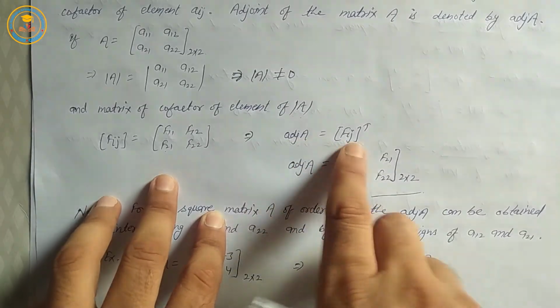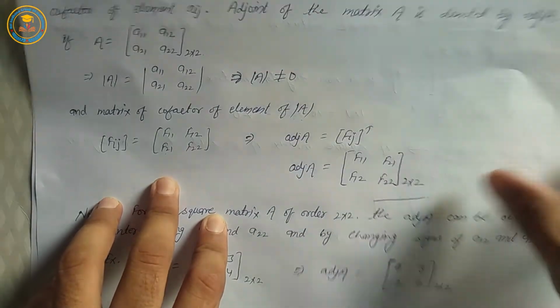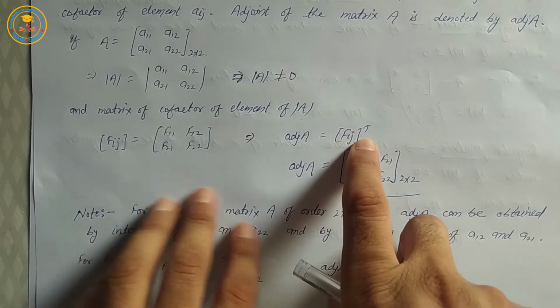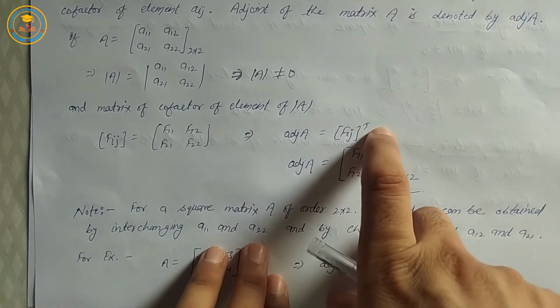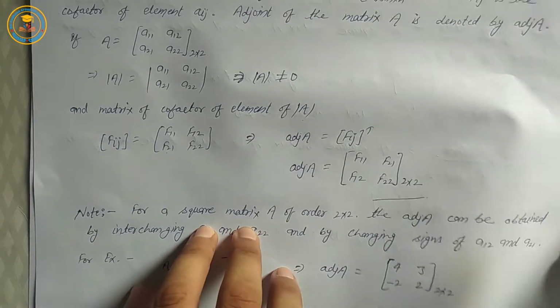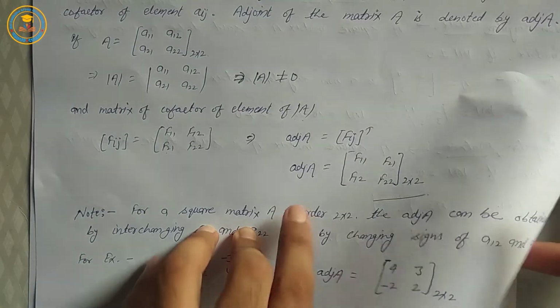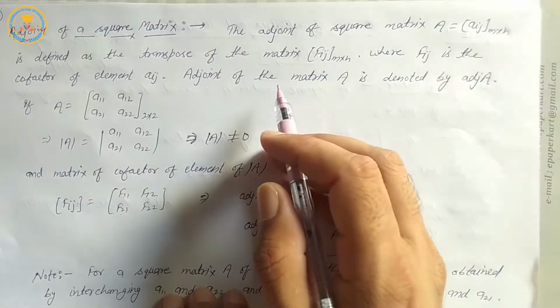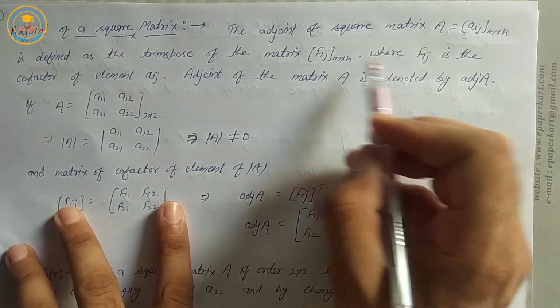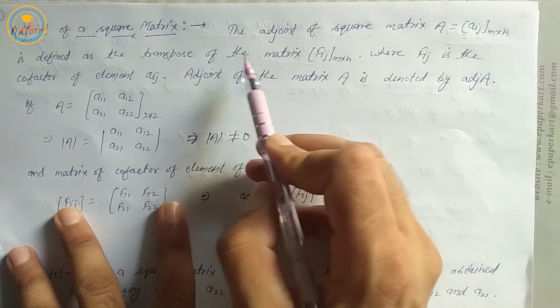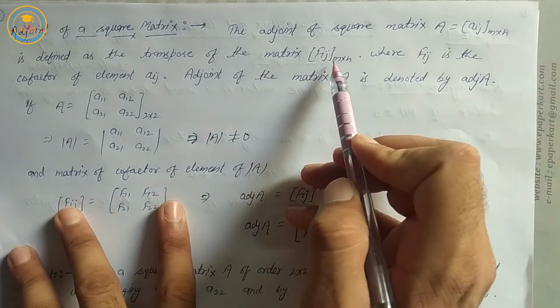This implies adjoint A is equal to [Fij] to the power T, where T means transpose. Adjoint A is the transpose of matrix Fij.